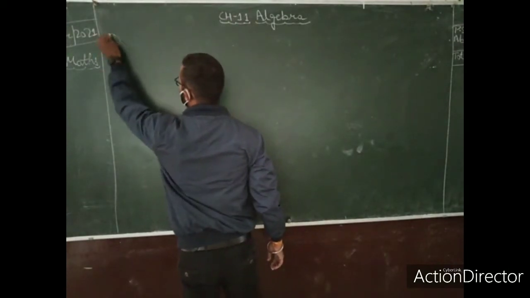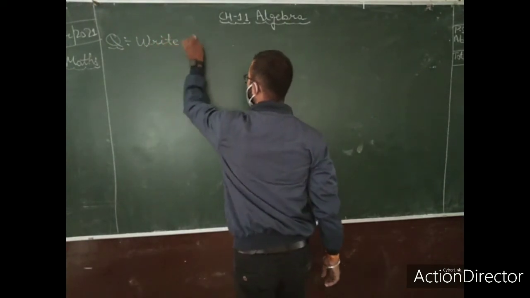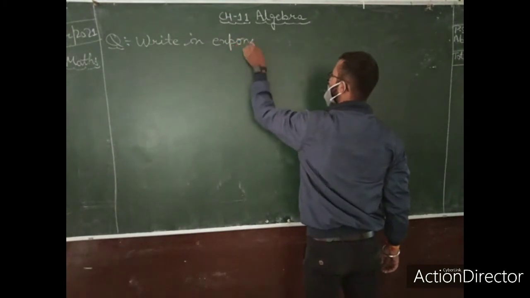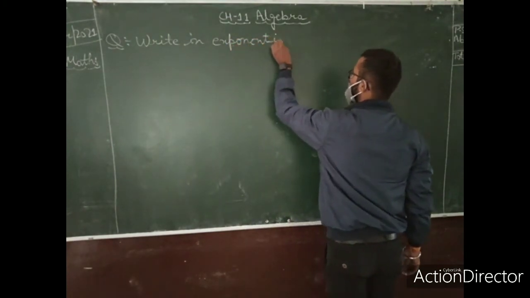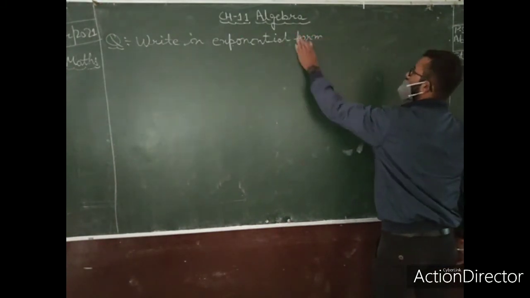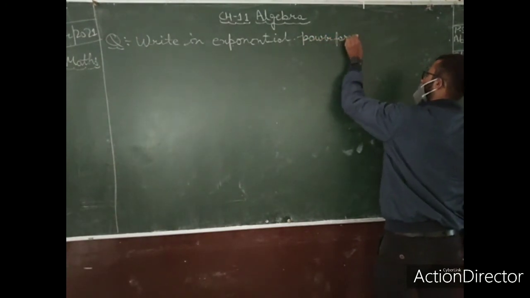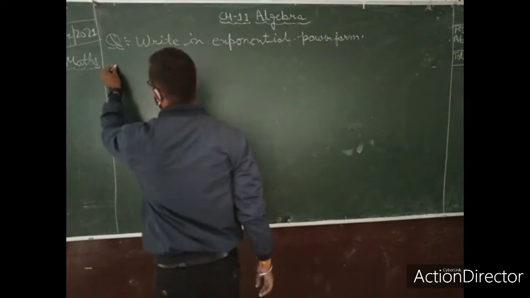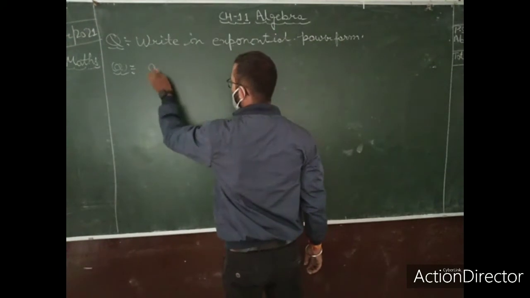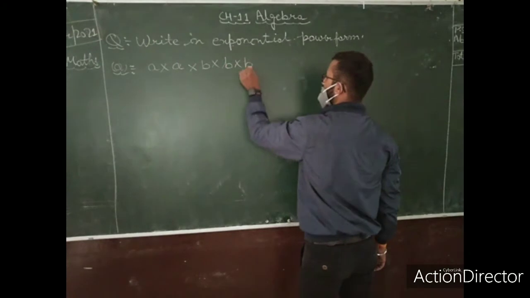Literal numbers. Example number a: a multiplied by a multiplied by b into b into b.